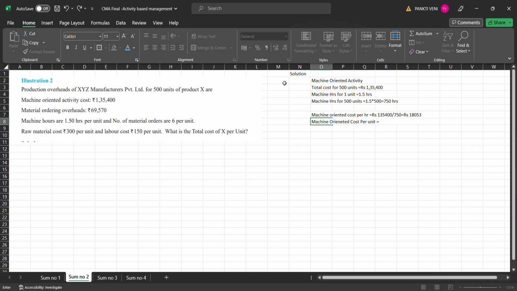So how many units? 500 units. Machine hours are 1.5 hours per unit. And the number of material orders are, so that is related to material order, the second activity.